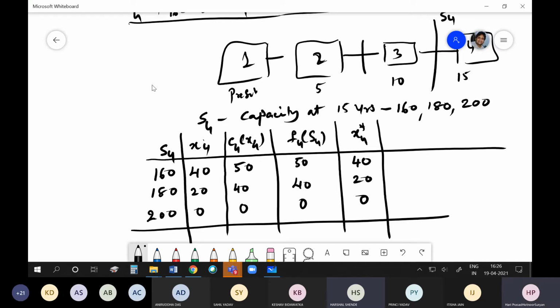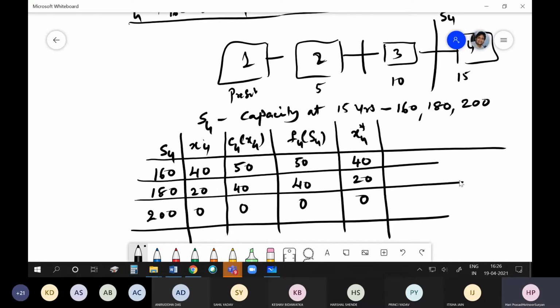No. Here actually this is ending here only. If I have 160, I have to increase it by 40. Here you have 180, 20 and 40.